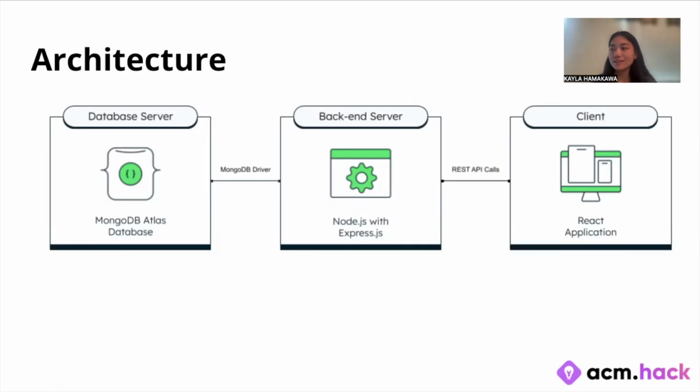So that's why we don't have React connecting directly with MongoDB, and instead we have this middle section of our architecture, which acts as the backend. For us, we'll actually be using Express to do that. That's a middle part of it.